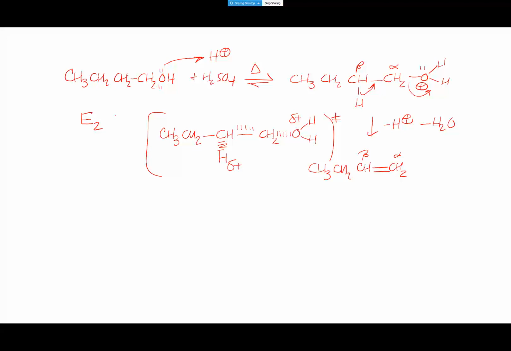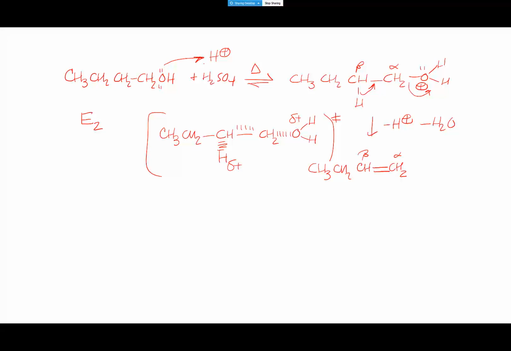What if you were able to do the shift? So if I did the other rearrangement, then what would happen is that the plus charge would end up on the beta carbon. And then I'd have to relabel that beta carbon now as an alpha carbon in order to lose either a hydrogen on carbon 1 or carbon 3. So there's two possible.